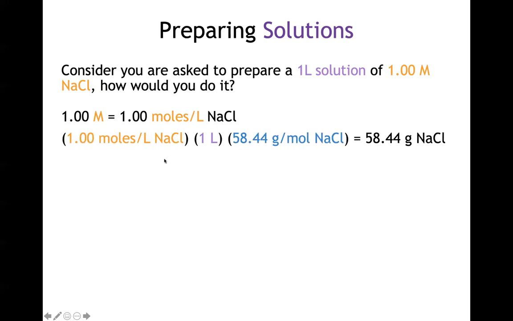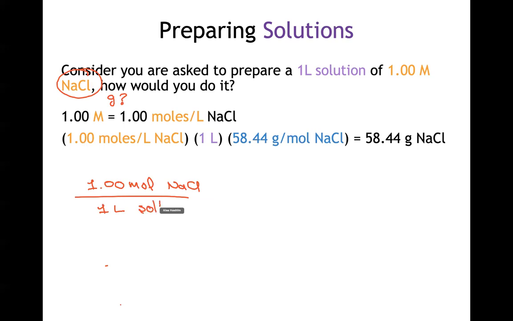Well, if we are really wanting to prepare a solution, what we need to know is how many grams of sodium chloride do we need to weigh out, right? Well, we could set it up. If we know we have 1 mole of sodium chloride per 1 liter of solution, that's molarity, moles per liter.